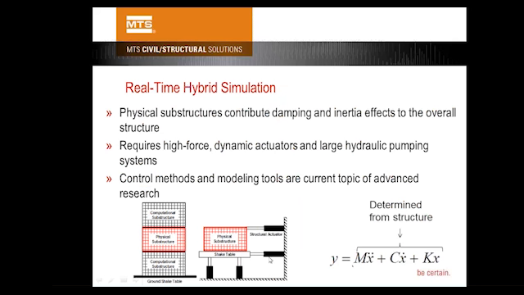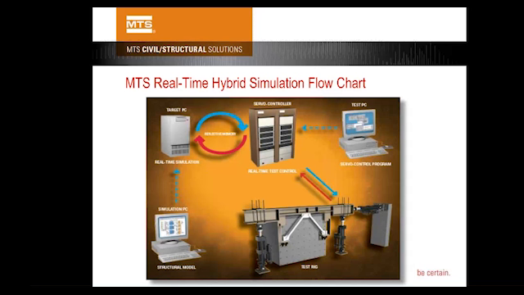And so the experimental part has to provide the inertial part and the damping part and the stiffness part. So the test has to be fast, the hydraulics have to be fast, the simulation has to be fast. So in this kind of real-time hybrid simulation, MTS offers our solution.